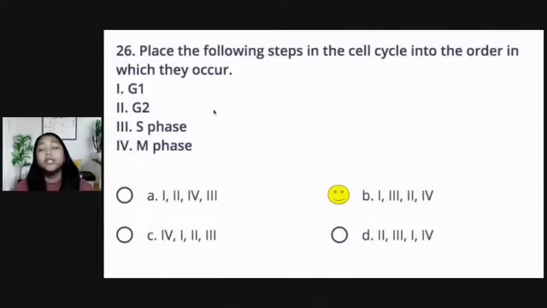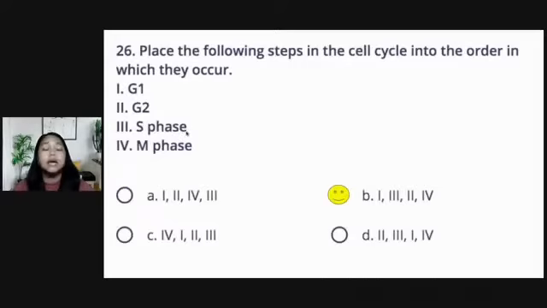Now remember, in your cell cycle, you start with your interphase, then you have your M phase, which can be mitosis or meiosis. Then, of course, you'll have your C phase, which is cytokinesis. Okay? So, out of your 3 stages in your interphase, nauuna yung G1 or gap 1, and then it is followed by S phase, where the DNA is duplicated, the chromosomes are duplicated.